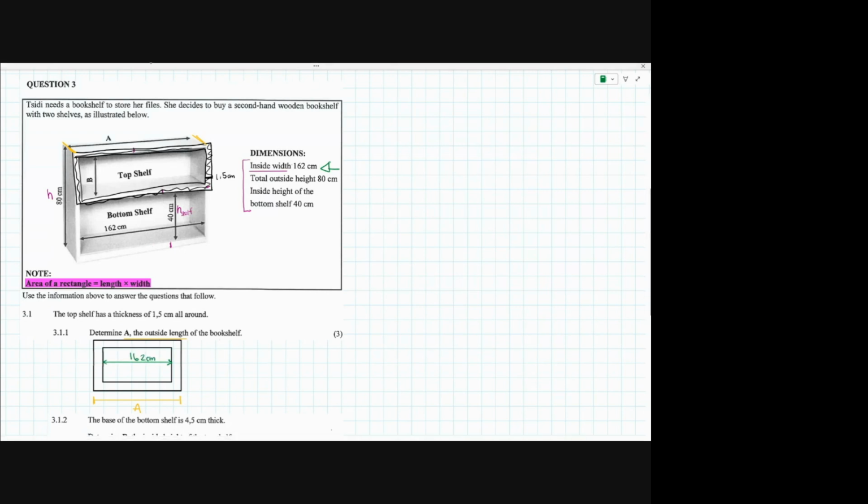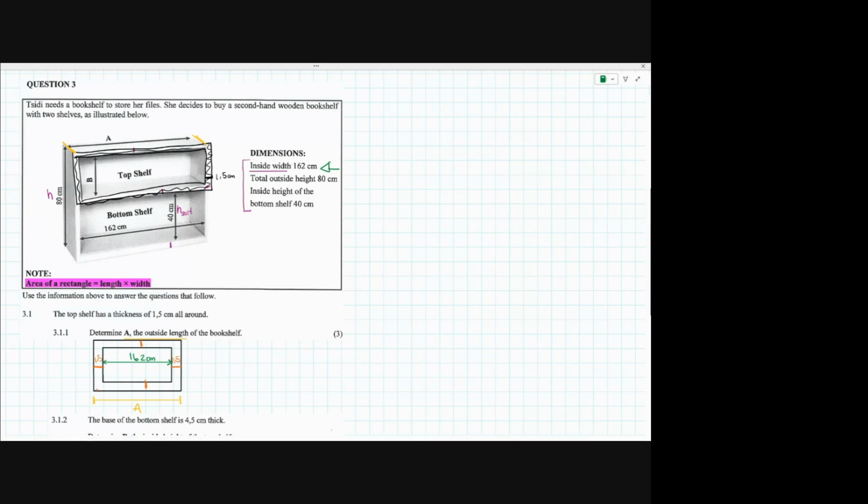And they've also told us that the wood is 1,5 centimeters thick. So this is 1,5, and on the other side, 1,5. Also top and bottom, but right now we're not concerned with that because we want the length, not the width.